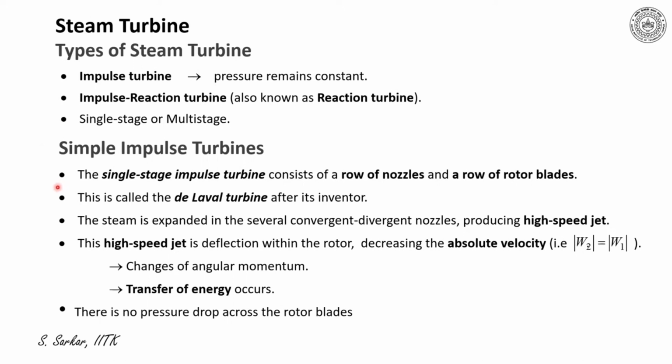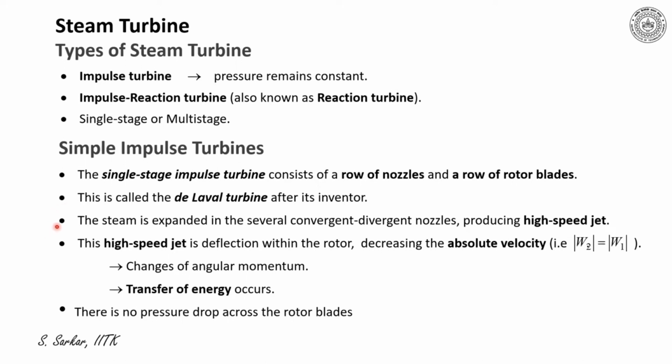The single stage impulse turbine consists of a row of nozzle and a row of rotor blades, and is known as simple impulse turbine. This is also called the Laval turbine after its inventor.